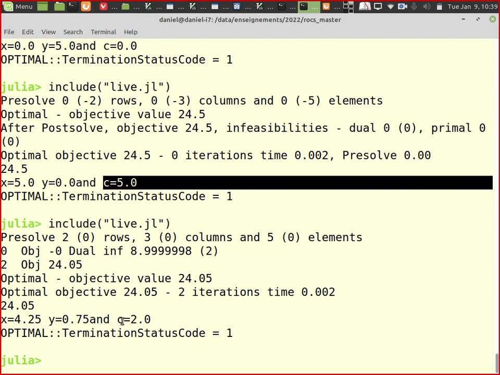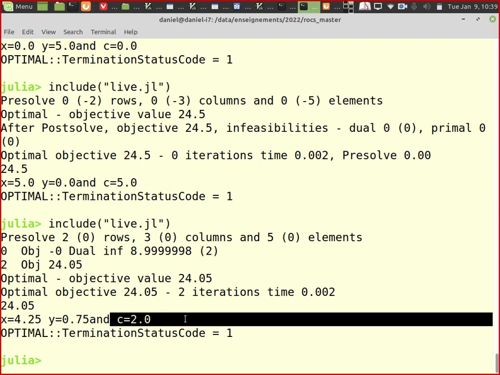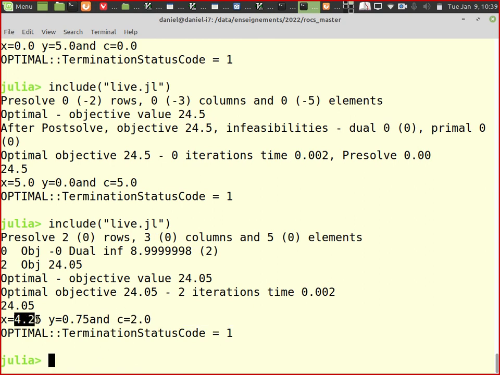Okay, so now it used all the flexibility it could have had, and thus it increased x and reduced y, and the objective value is 2405.